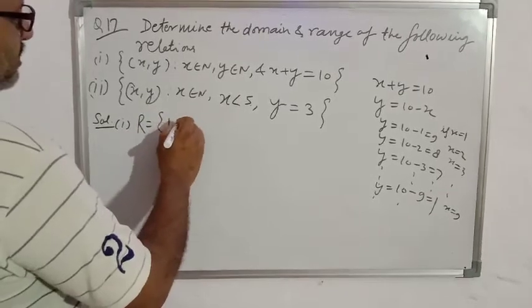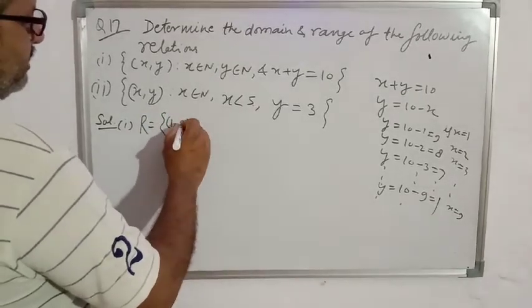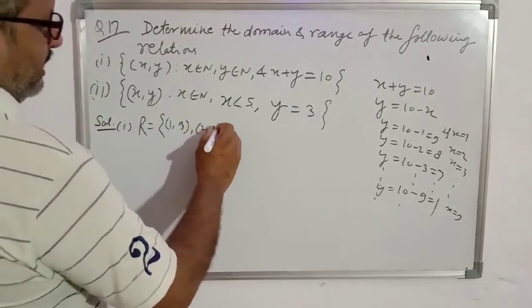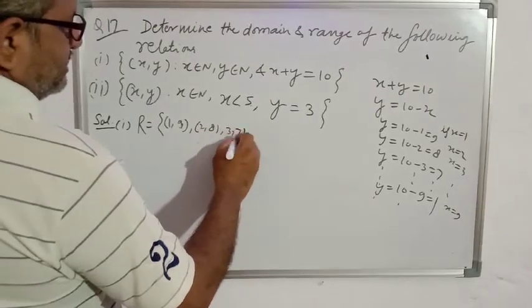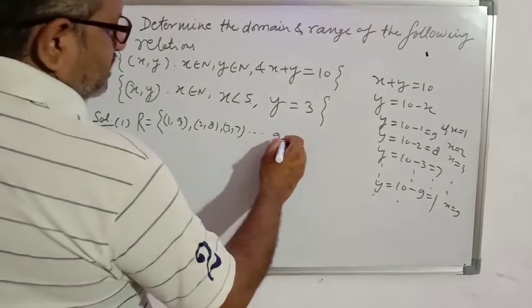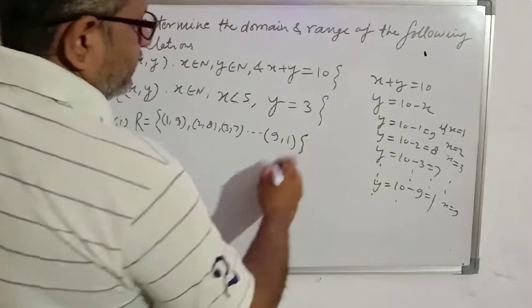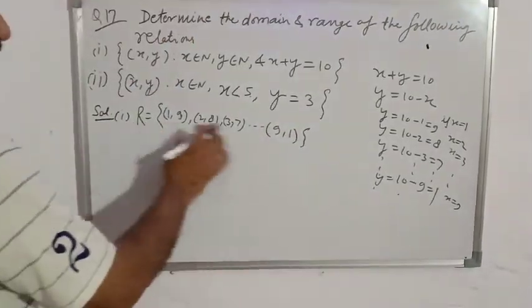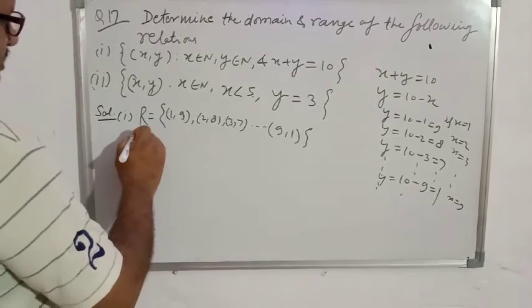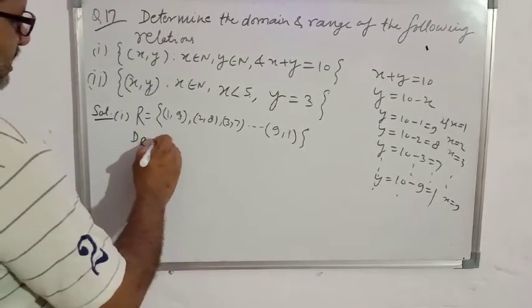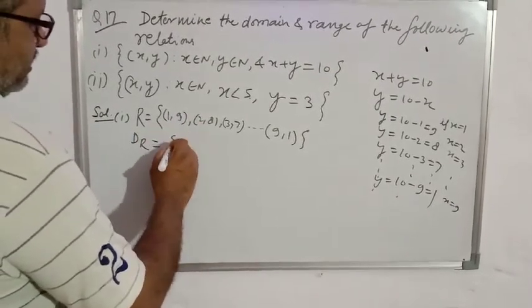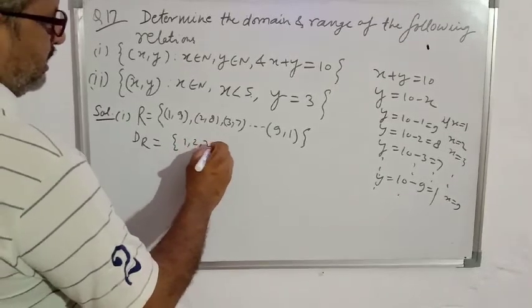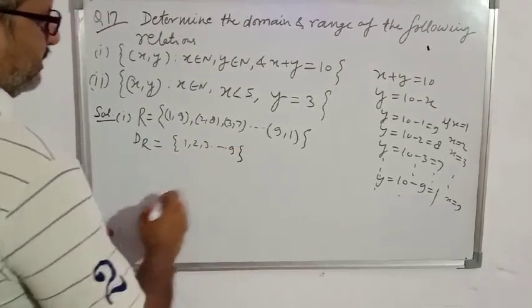X is 1, y is 9. X is 2, y is 8. X is 3, y is 7. Like this, x is 9, y is 1. We will write it in the roster form like this. So the domain of the relation, the first components, is 1, 2, 3 up to 9.